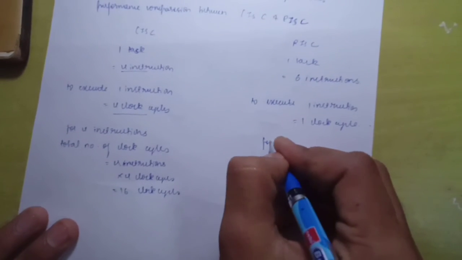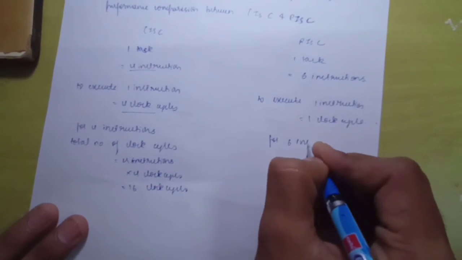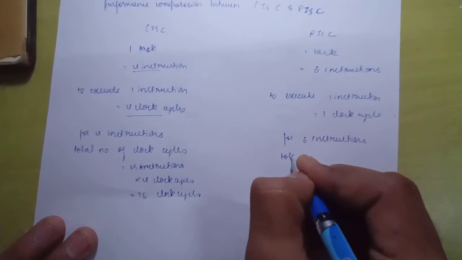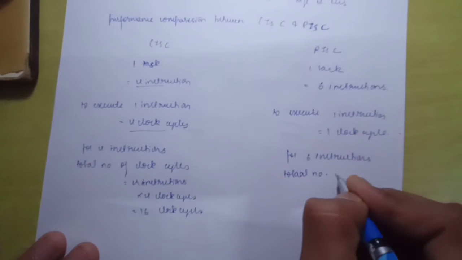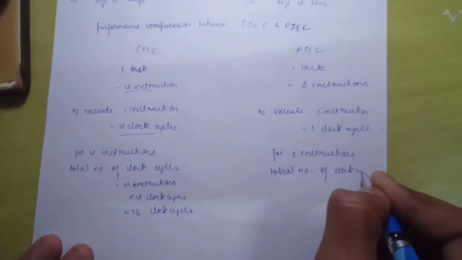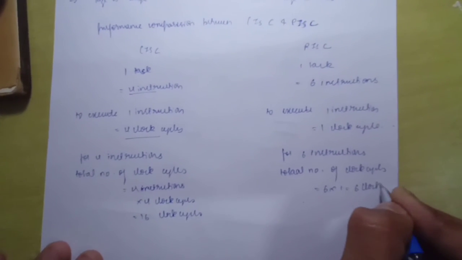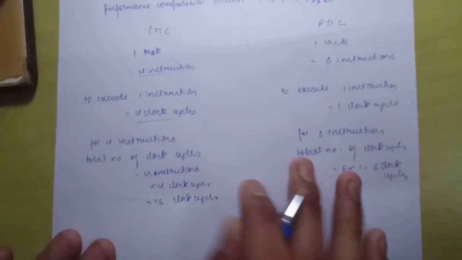For 6 instructions in RISC, the total number of clock cycles is equal to 6 clock cycles.